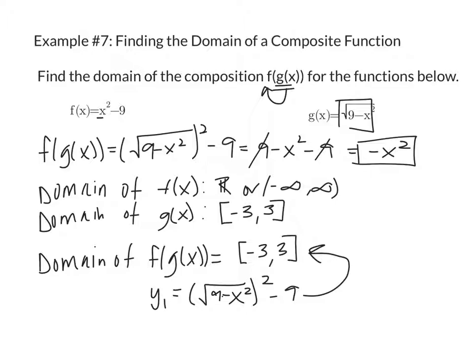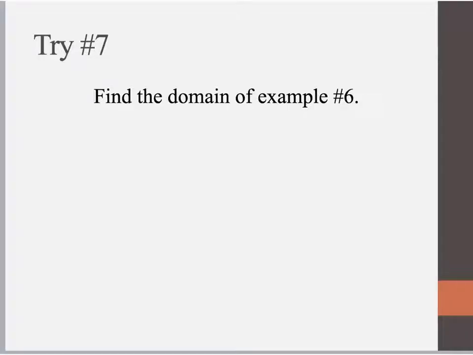Okay, let's try the next one. It said to find the domain of example 6. As a reminder, we had f of g of x. Sorry, I don't have it to refresh on the screen, but it was 4 minus x squared and then plus 2.